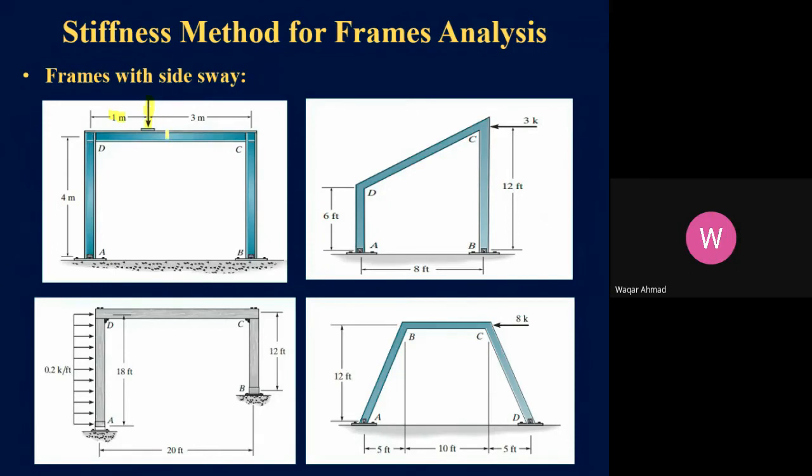It is a case of unsymmetrical loading. This will cause the sideway deflection of this frame. Also, you can see here that we have a lateral load acting. We have a lateral load acting here also, and here also. So now these all are the examples of the sway frames.